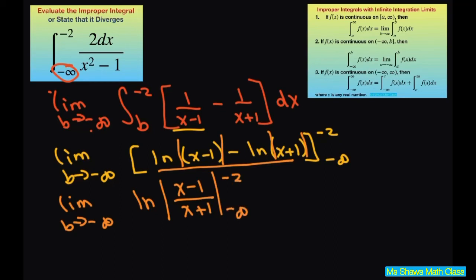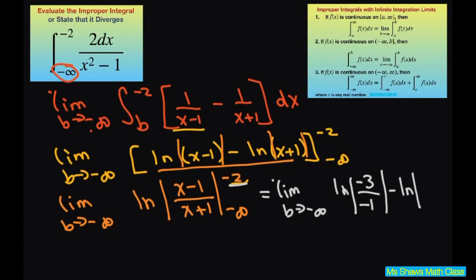Now, when you get this, you start with this piece here. The limit as b approaches negative infinity is going to be ln of, when you plug in the negative 2, negative 3 divided by negative 1, minus ln of b minus 1 divided by b plus 1.